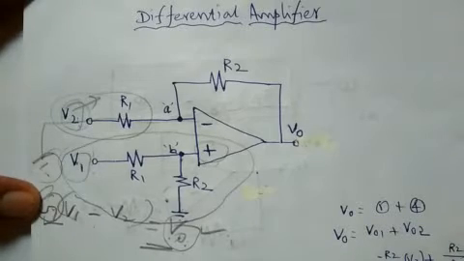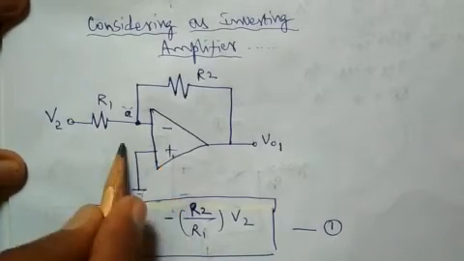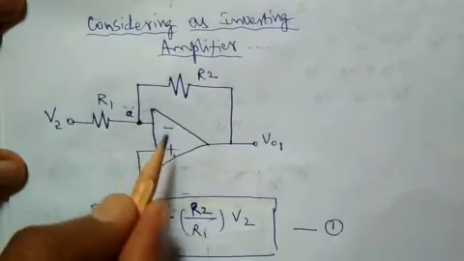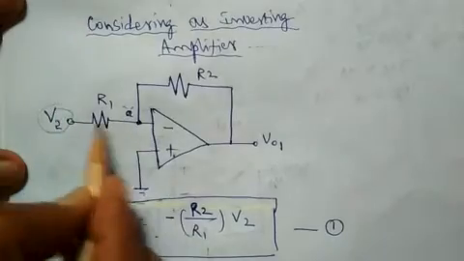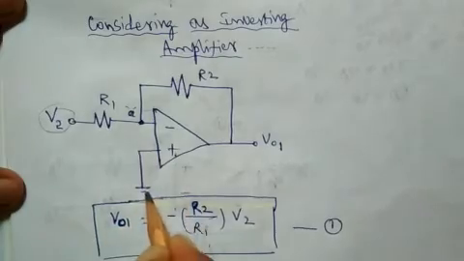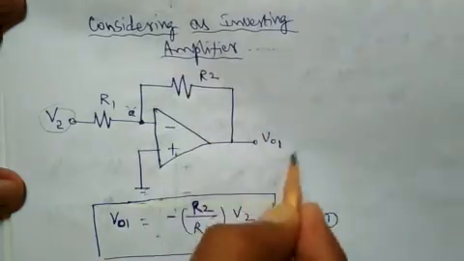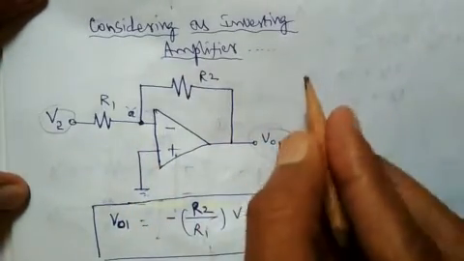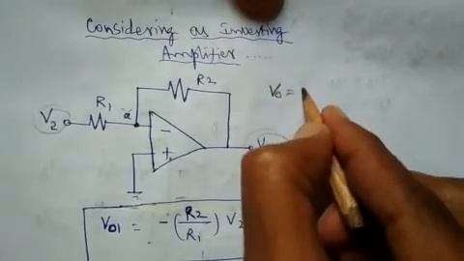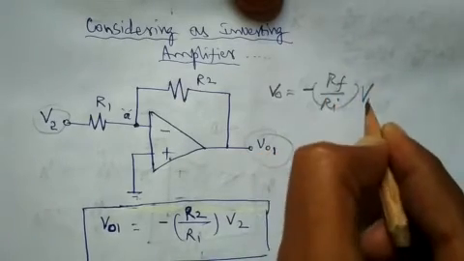We'll see one by one. By considering the first case, we completely ground the non-inverting terminal, since we have assumed this as a pure inverting amplifier. So the inverting terminal is receiving V2 alone with R1 and R2, and the positive non-inverting terminal must be grounded. So we have changed the differential amplifier into a pure inverting amplifier. We know that the output of any inverting amplifier is Vout equals minus feedback resistor divided by input resistor, into input.